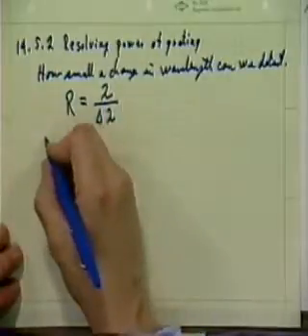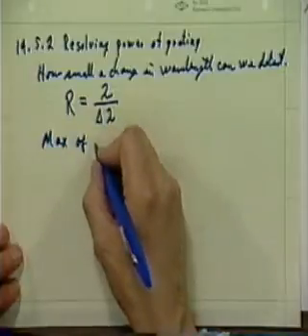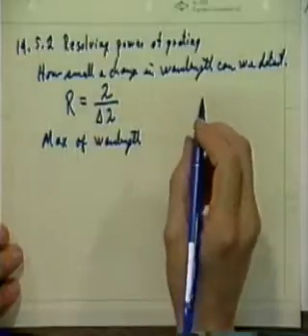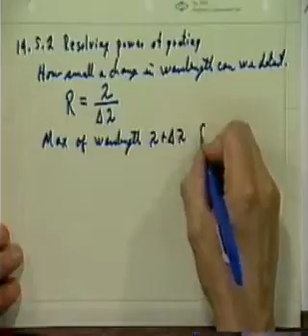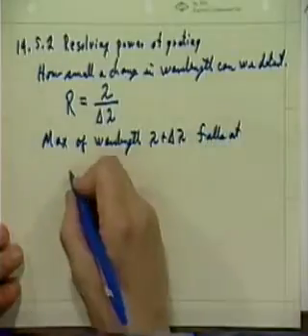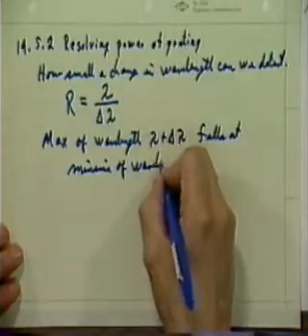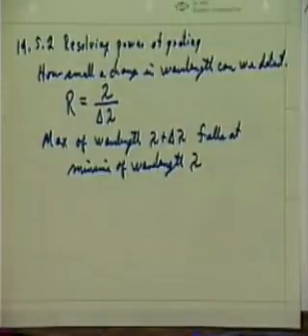And what we're going to pick here is that the maxima of wavelength lambda plus delta lambda falls at the minimum of wavelength lambda.